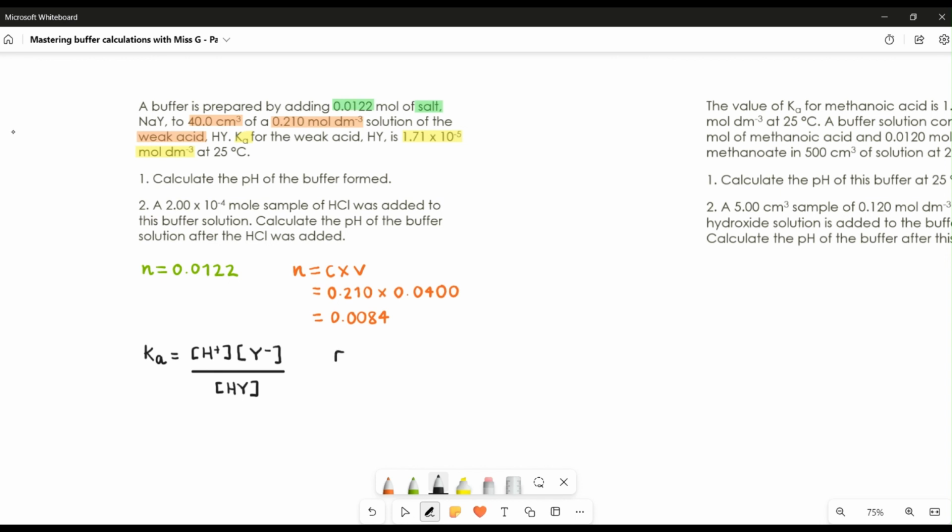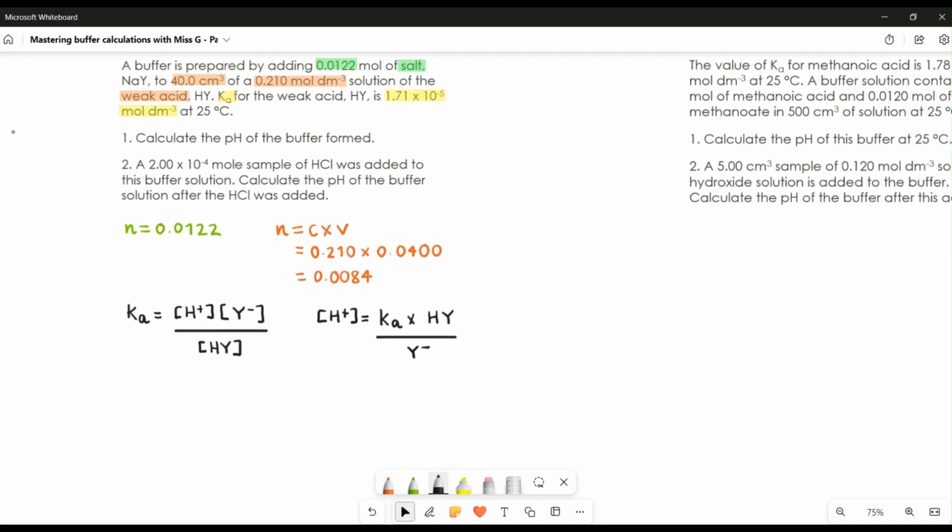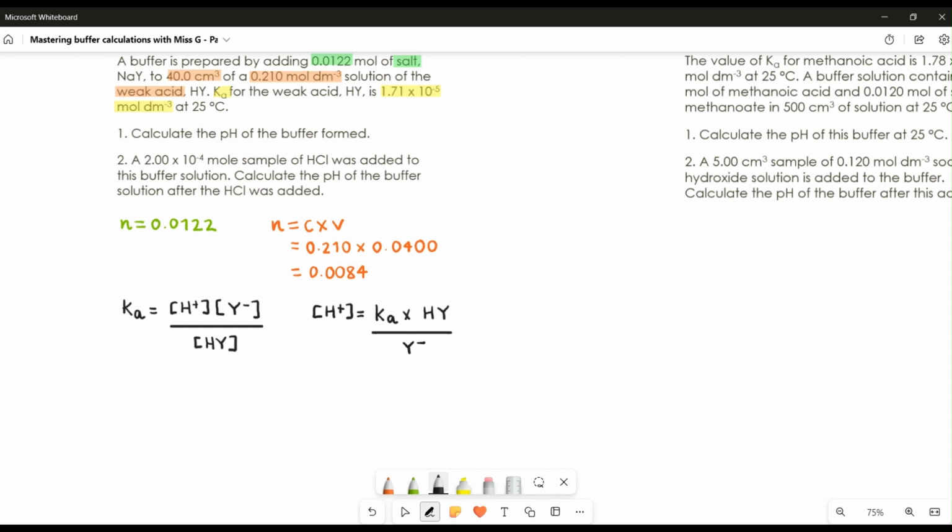So when I now rearrange my Ka expression to get H plus equals, I'm going to drop the square brackets for HY because I'm going to use the moles of the weak acid, and I'm going to drop the square brackets for the moles of the salt, the Y minus, because again, I'm going to be using moles, not concentration. And now we just need to sub those numbers in.